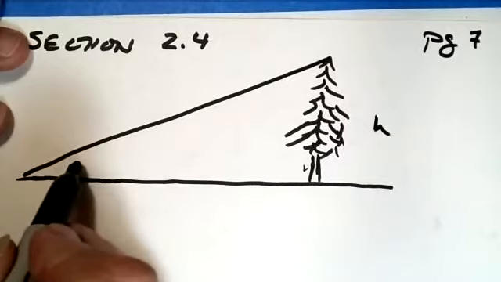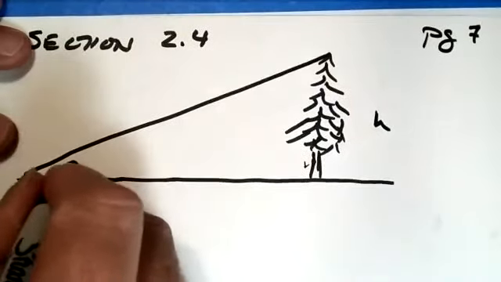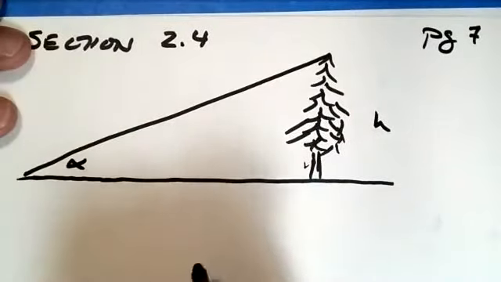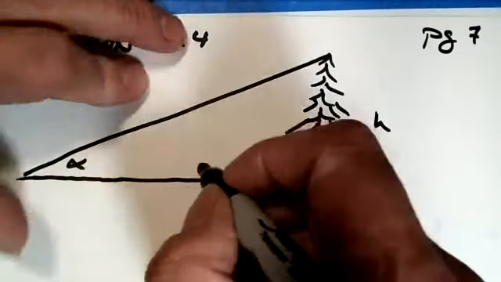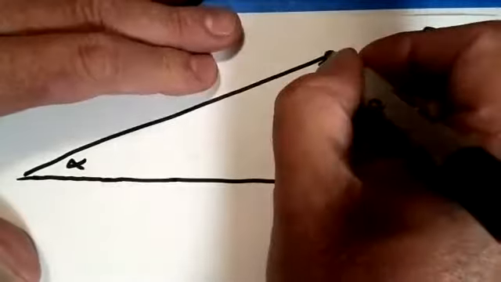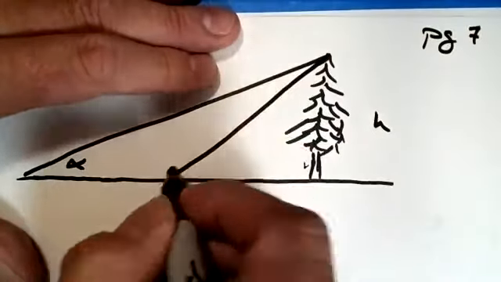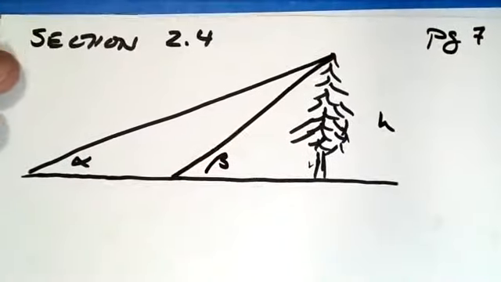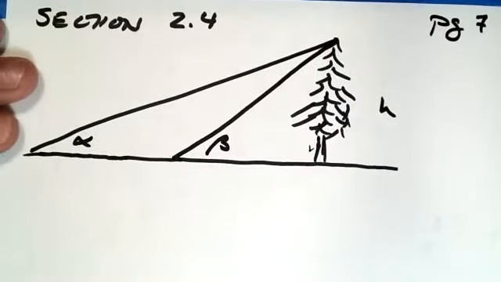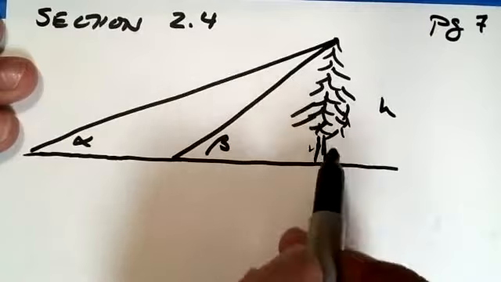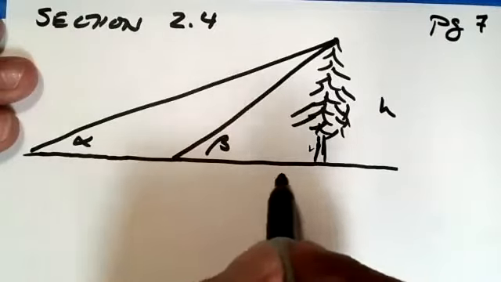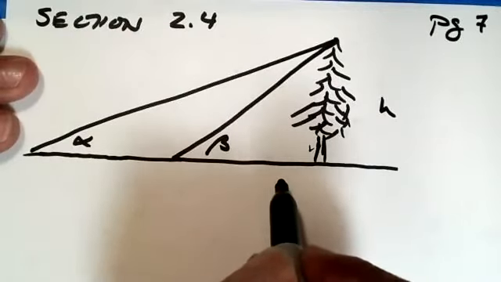And so you've got some angle of ascent, which we'll call alpha. And then you walk closer to the tree, and make another measurement, again an angle of ascent, beta. Now, remember, you can't really figure out where the physical center of the tree is anyways. So this distance is unknown, at least it's not measured.